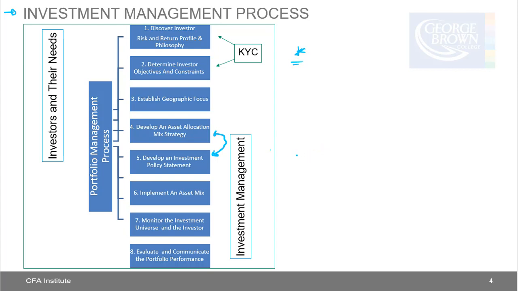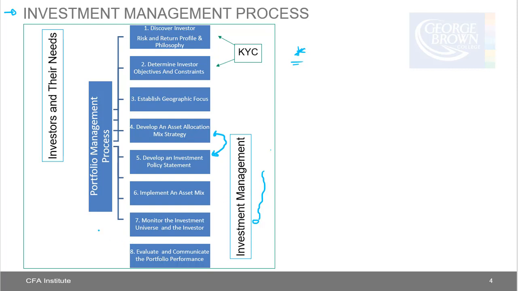Okay. So the previous chapter 16 was looking at investors and their needs, and now in chapter 17 we're moving on to the investment management when we're really looking at developing this asset allocation strategic mix. A little bit more on the IPS, and then implementing.